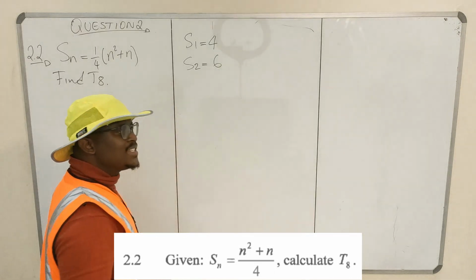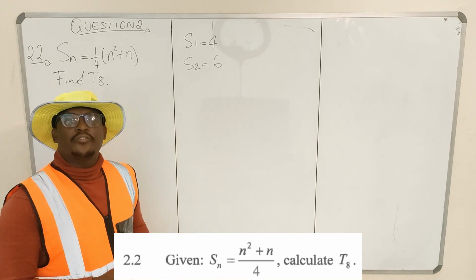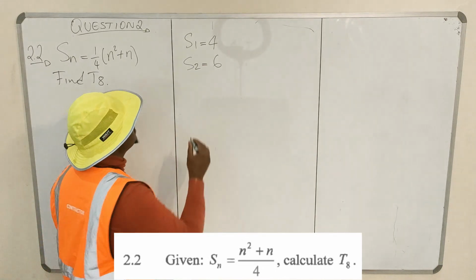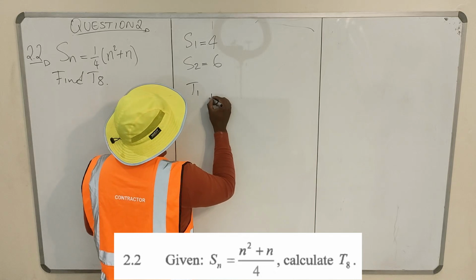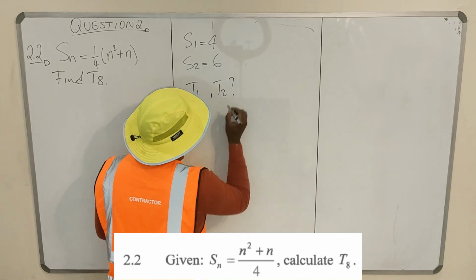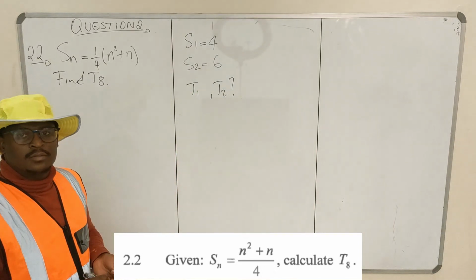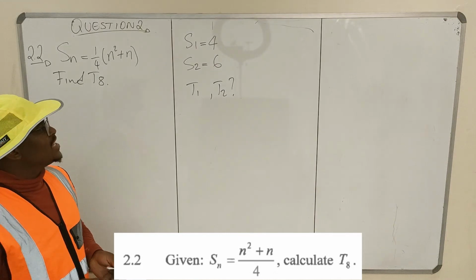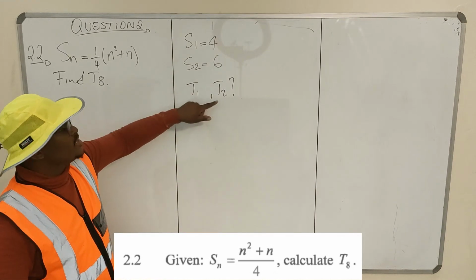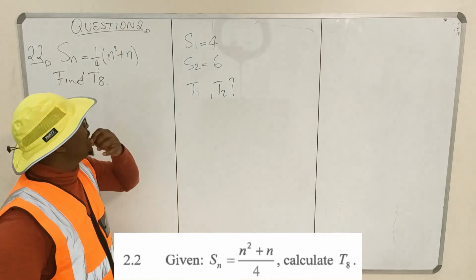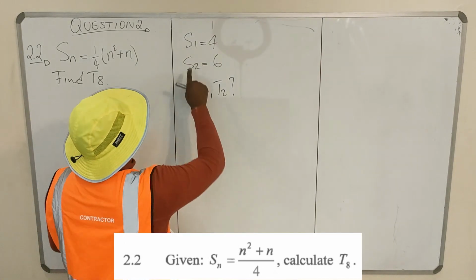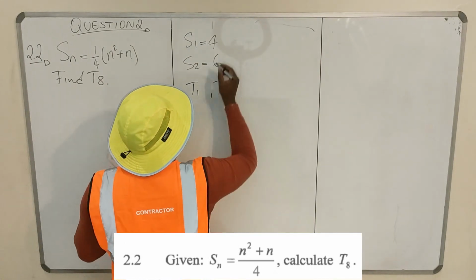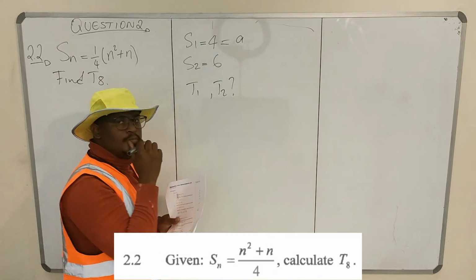So let's say they ask you to find T1 and T2. Let's say that's what they want. Right? So the sum of one term, you only added the first term a.